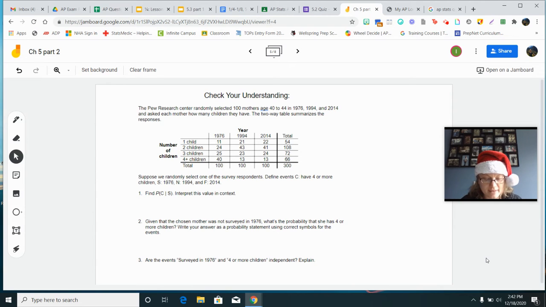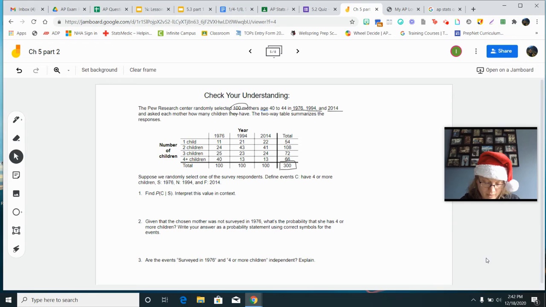The Pew Research Center randomly selected 100 mothers aged 40 to 44 in 1976, 1994, and 2014. 100 people, and we have a two-way table. So we've got 300 people total, 100 from each year.